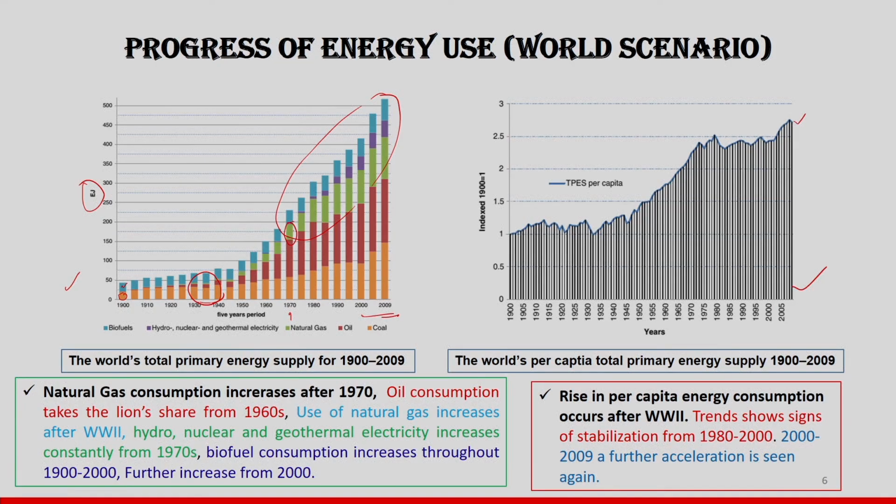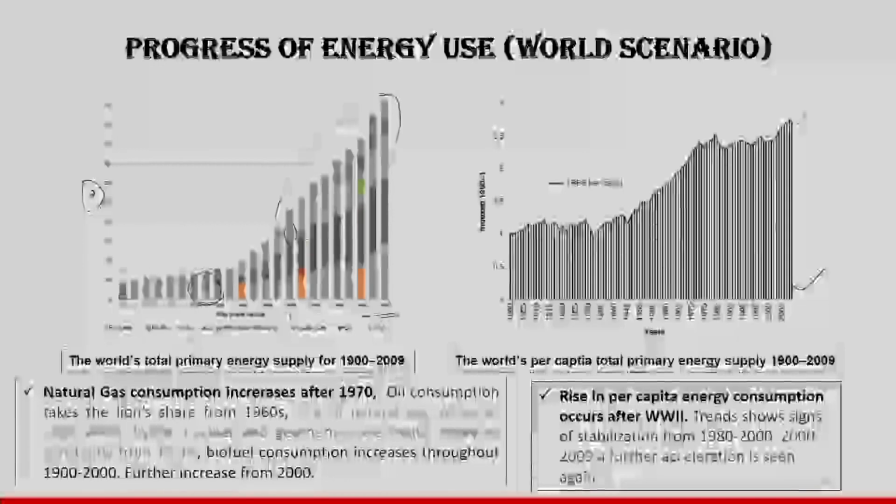That means once primary energy supply increases, quality of life increases. So if we have to increase the quality of life, then we need to burn more fuels, and if we burn more fuels, then it will emit a lot of greenhouse gases. So, we should keep that in mind.